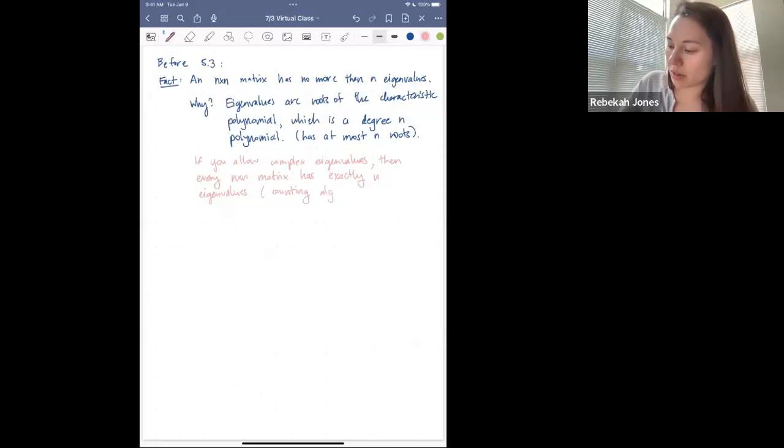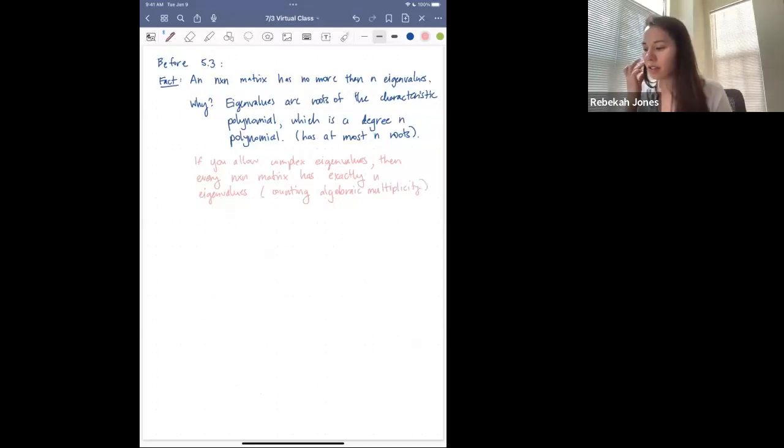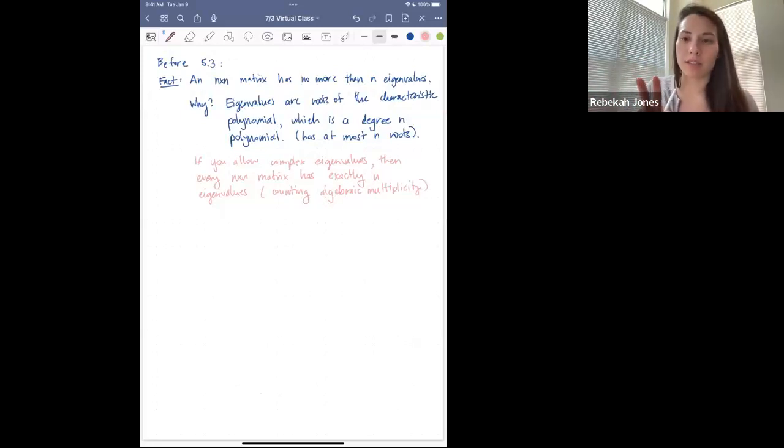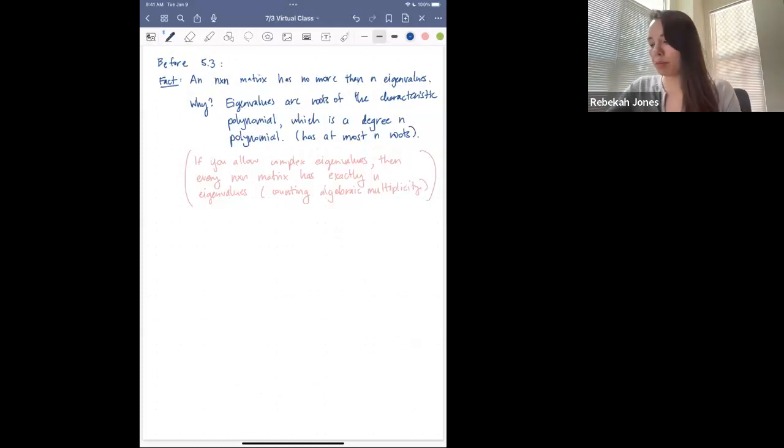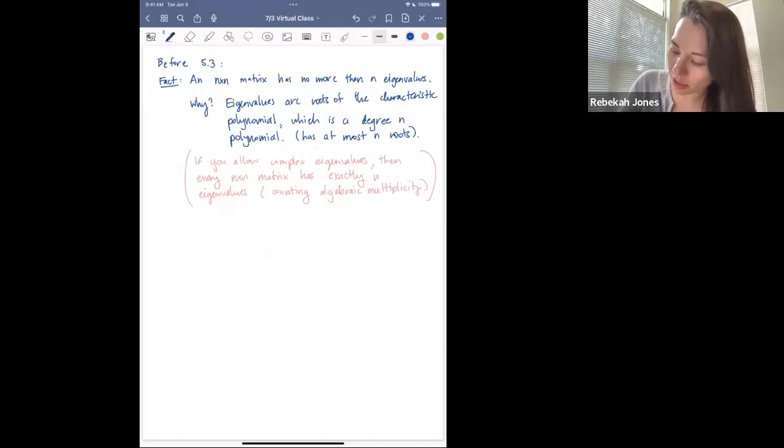So that's algebraic multiplicity. So if we had one double root, we would count that twice, right? Okay, so we won't be considering complex eigenvalues, so we won't get exactly n eigenvalues every time, but we have up to n, right?